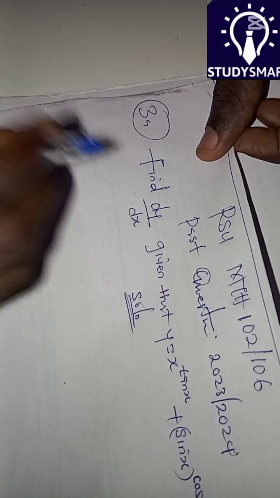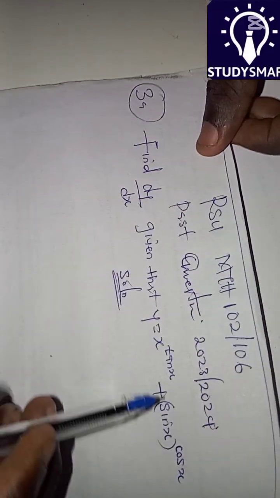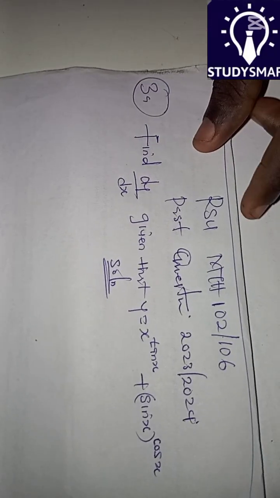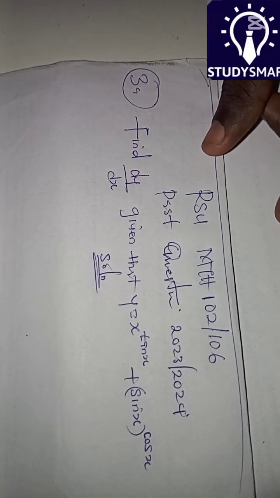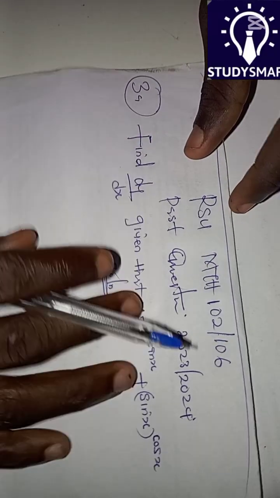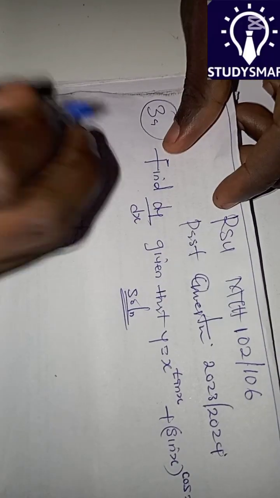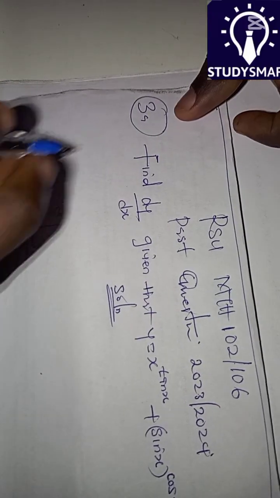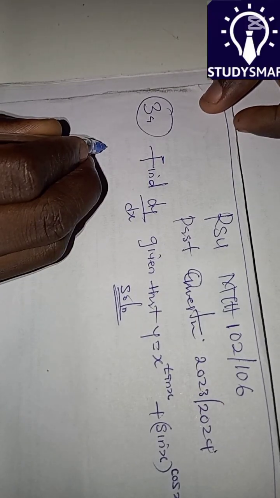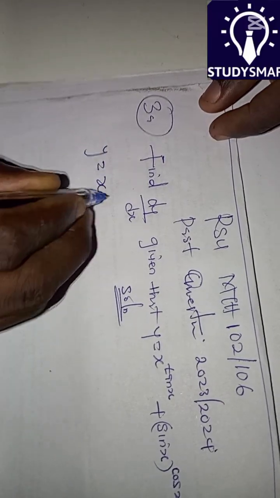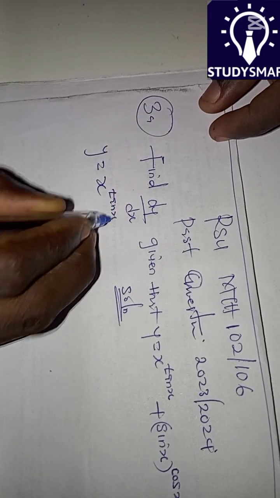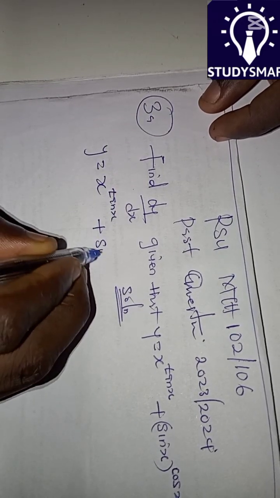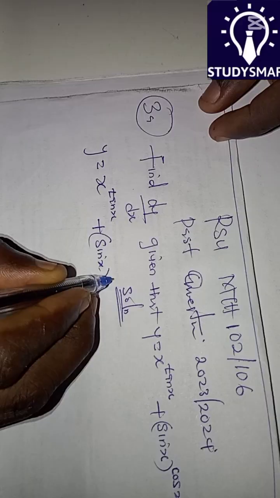Right, so the question looks a bit complex, but it is very simple if you understand the concept. We are given y equal to x to power tan x plus sine x to power cos x.